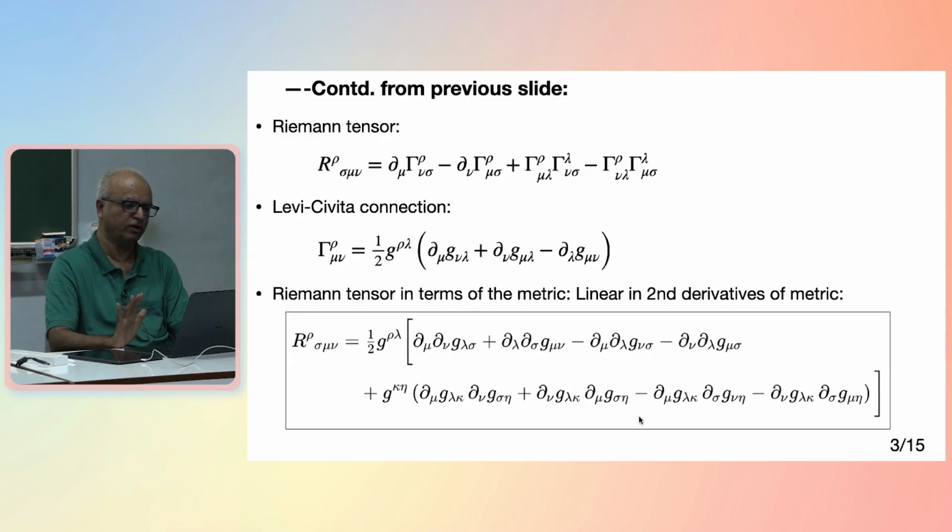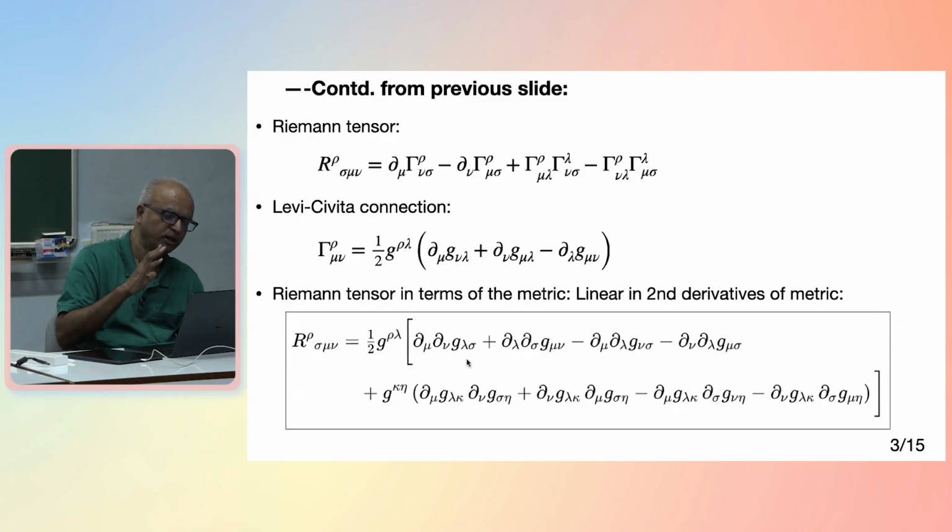This is all we need to know from here. This g by itself has come just because I've raised one index. You lower that index, this metric will go away. So it's clear from here that what you have is first derivatives of the metric here, second derivatives of the metric here, and bilinear in the first derivatives of the metric from here. It's very clear. That's what's happening.